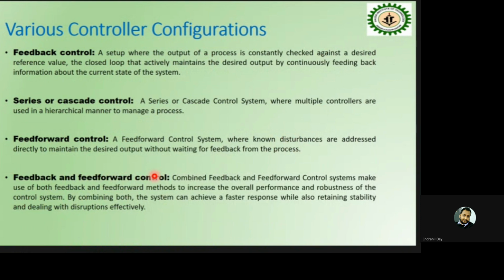So the combination of feedback and feed forward makes the system more precise, increasing the overall performance and robustness of the control system. By combining both, the system can achieve faster response while also retaining the stability and dealing with disruption very effectively.